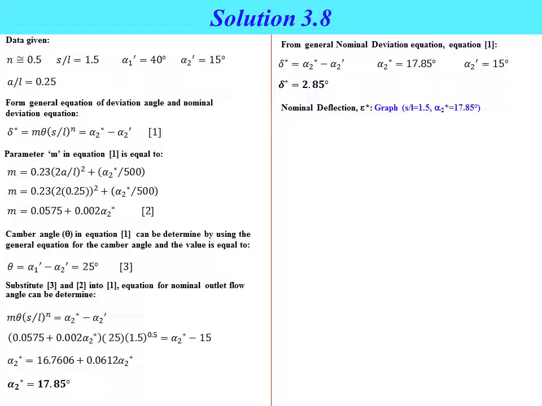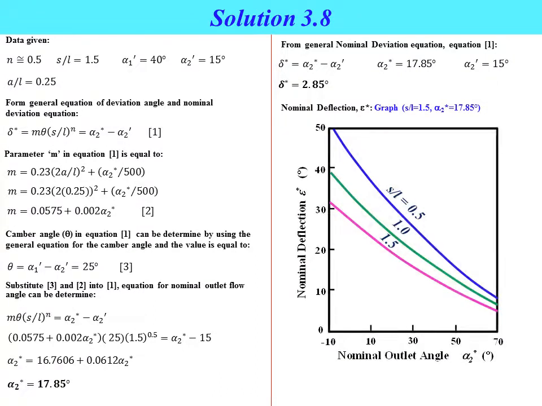To determine the nominal deflection angle, epsilon star, we need to use the graph where s over l equal to 1.5 and alpha 2 star equal to 17.85 degrees. By referring to the graph shown in the slide, we already have the value for alpha 2 star, and we need to refer to the graph of s over l equal to 1.5, the pink color curve.